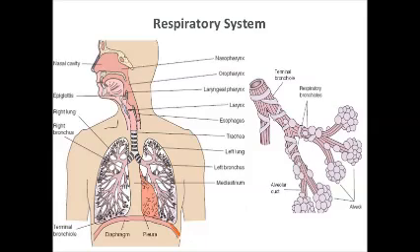Barrel chest, clubbing of the nails. You're going to see those clubbed fingers. Sometimes their hands are cold because of circulation. Cyanosis: they may have a little bit of blue around there because of that lack of oxygen.